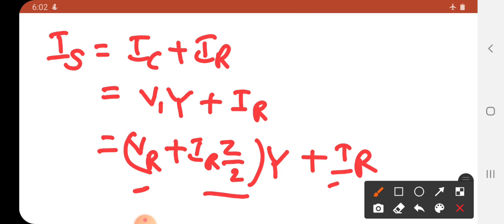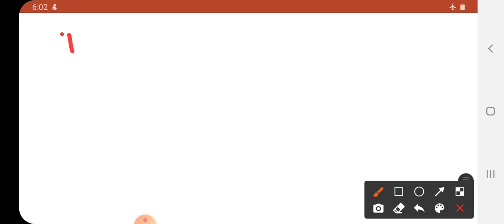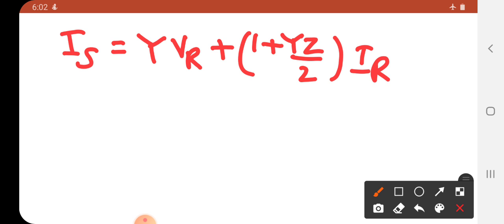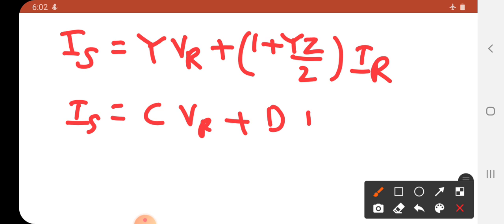So if you separate those two, then IS is equal to Y into VR plus 1 plus YZ by 2 into IR. Now we compare this equation with IS is equal to C into VR plus D into IR.